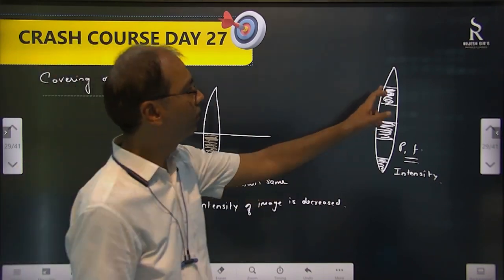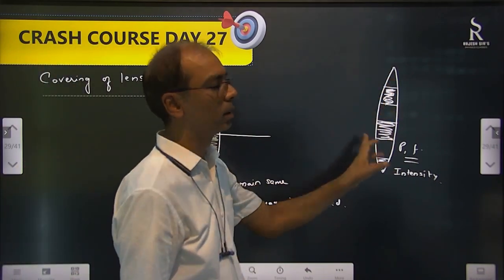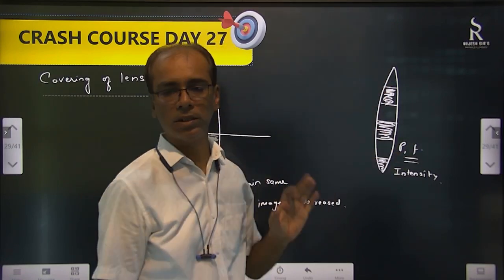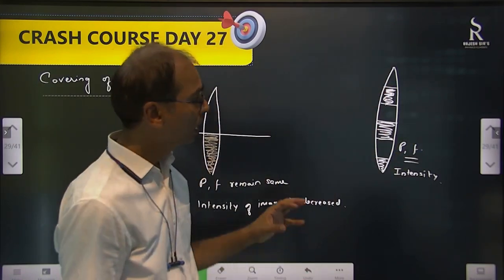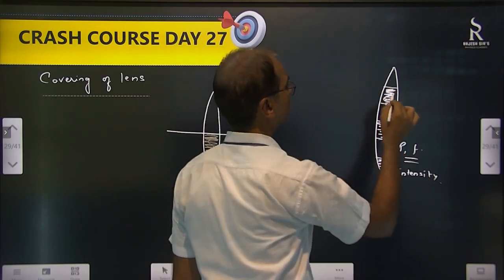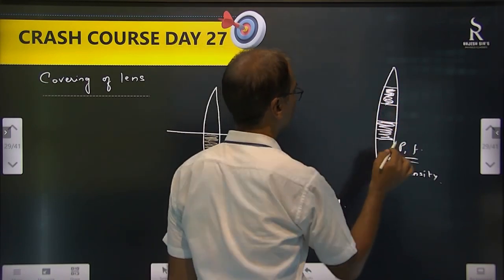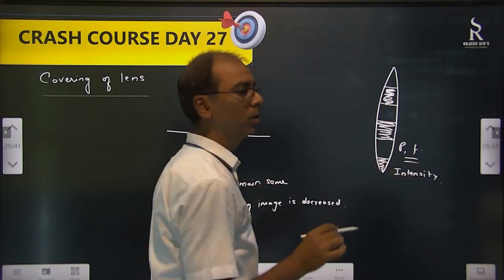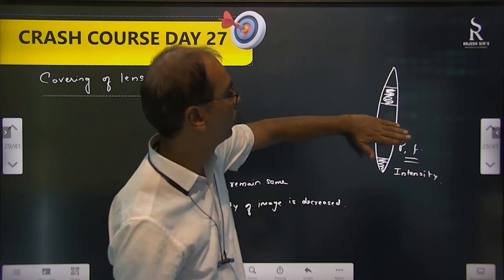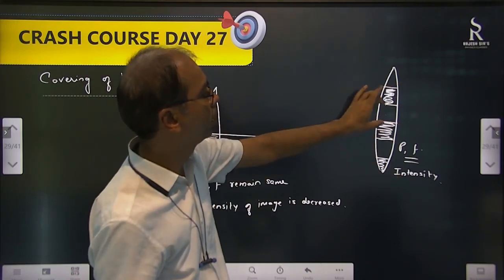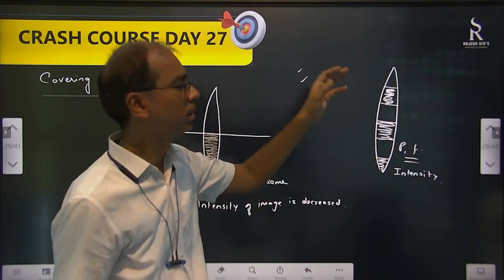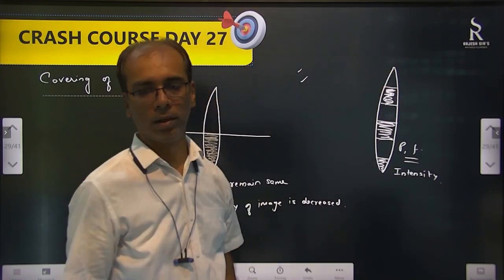Even if one portion of this is open, it will be able to make the image, and it will make the image at the same place. If this is mu1, mu2, mu3, mu4, mu5, mu6, entirely different, then you can say 6 images are there. But if you block these and only these 3 are open, they will make the image at the same place as when it was totally open.